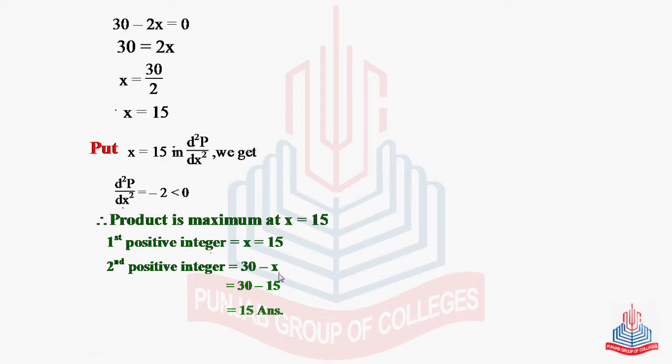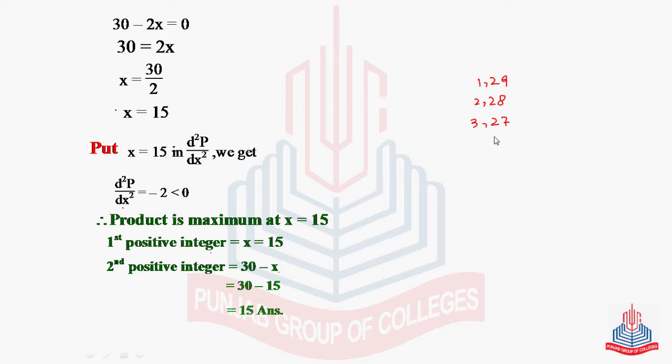Hence we can say that the sum of these two positive integers is 30, but the product is maximum among all the cases in which we can select two integers whose sum is 30. For example, 1 and 29, sum is 30 but the product is 29. 2 and 28, sum is again 30 but the product is 56. 3 and 27, again the sum is 30 but the product is 81.